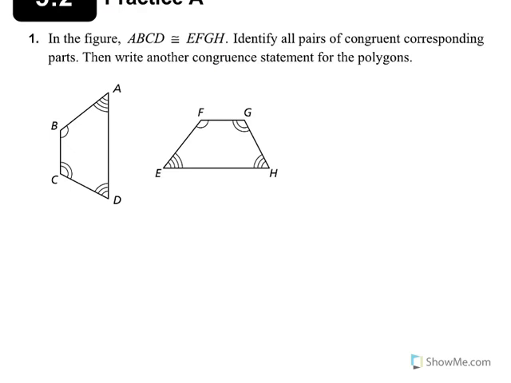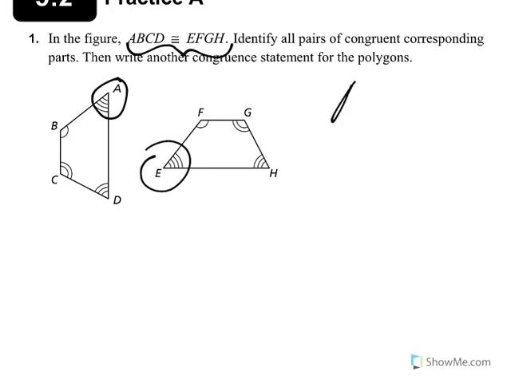Okay, identify all pairs of congruent corresponding parts, then write another congruence statement for the polygons. Okay. So, if we look at this congruence statement, the first angles are going to go together, A and E. And if you notice on our picture, A and E actually have 4 arc marks.